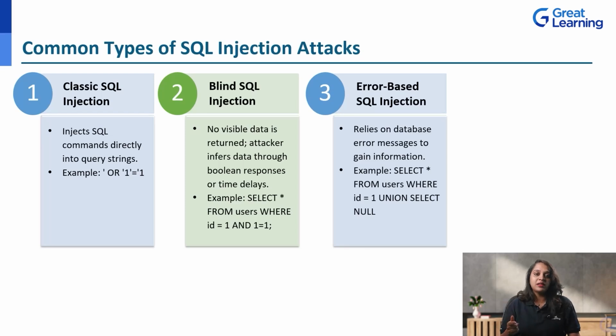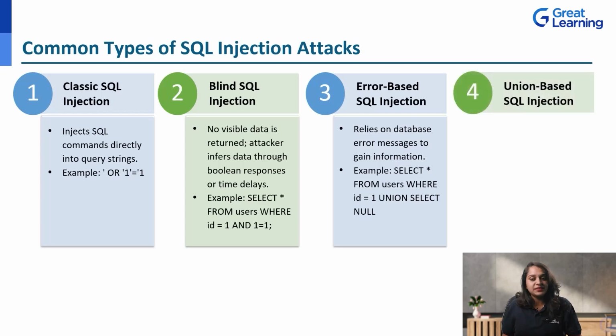So I will trigger errors in your database by writing SQL queries, and with that error, I can actually access the database. One example is a query such as select star from users where ID is equal to 1 union select null. By writing these kinds of malicious queries, I will trigger an error in your database system, and from there I can gain some information.